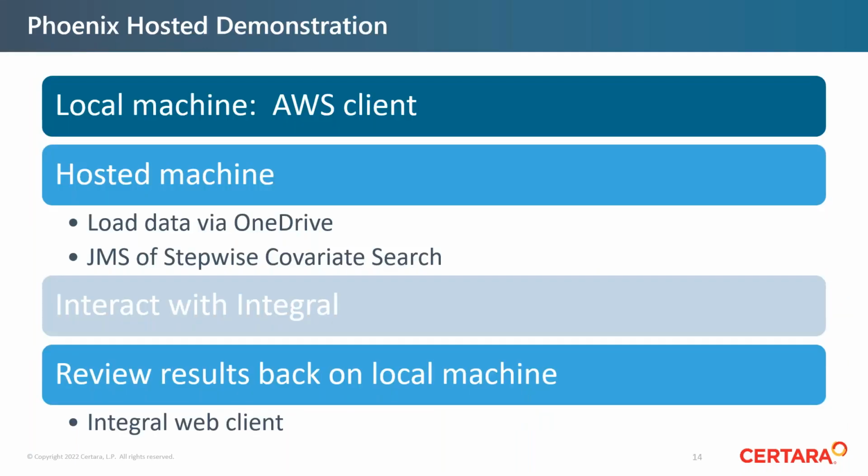So I'll try and take you through those steps, and let's just show you how some of that data might come in. Oh, I'll try and show the JMS option as well.